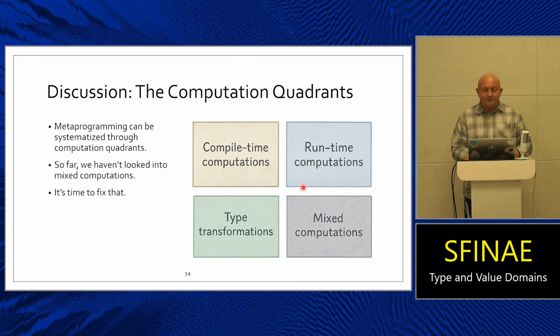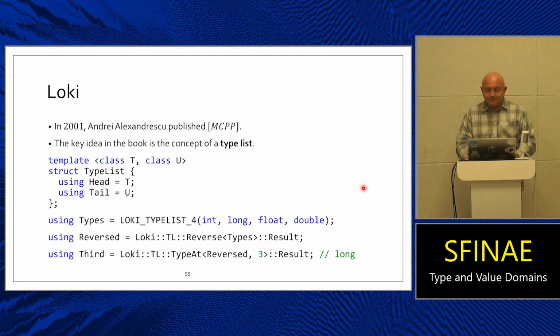And finally, the most intriguing quadrant, mixed computations. This is where compile time logic interacts with types and values, where we blend all three domains we've already discussed. That's where the real magic begins, and that's exactly where we are going next.